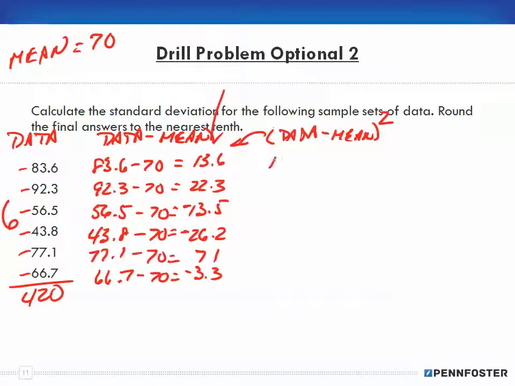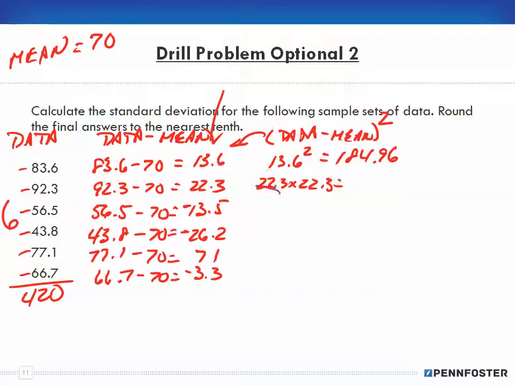So I either can write 13.6 squared equals whatever, and that ends up being 184.96, or I can just do 22.3 times 22.3, because remember, squaring only means multiplying that number by itself, and that gives me 497.29.